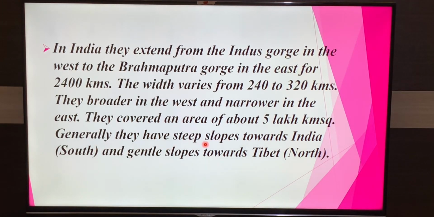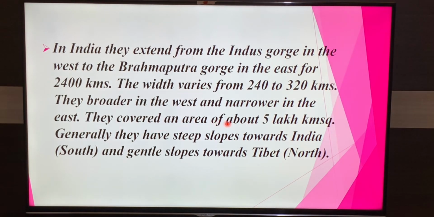Generally, they have a steep slope towards India and a gentle slope towards Tibet. So remember, the northern mountains extend from the Indus to the Brahmaputra. The width is not the same; it varies from 240 to 320 kilometers, broader in the west whereas narrow in the east.